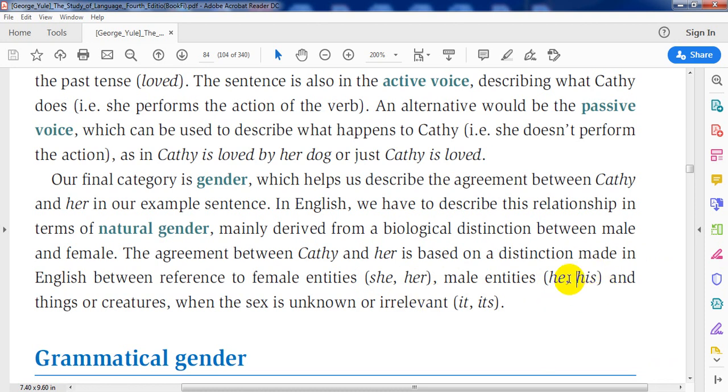These are used to identify male items, while this is used to identify female. So we have here also agreement in gender.